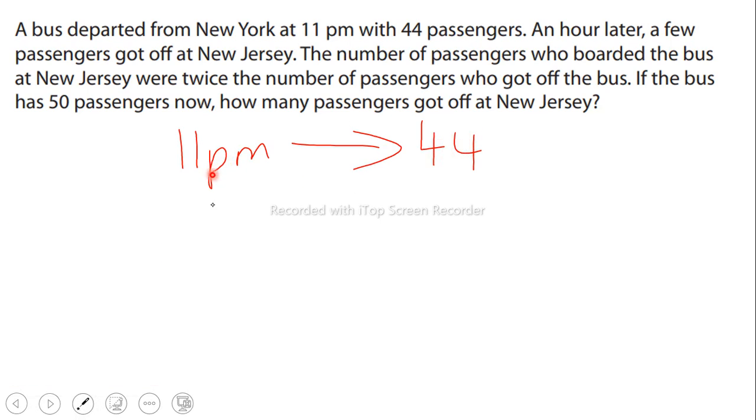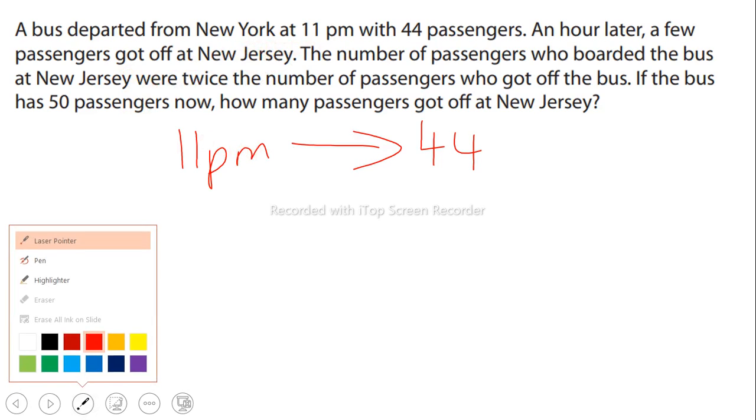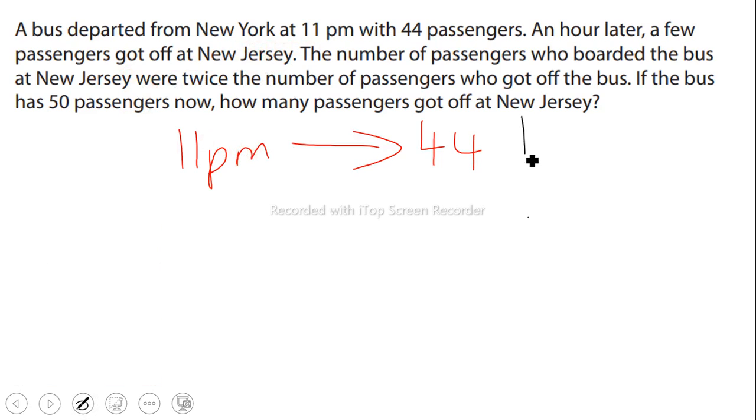And then after an hour, a few passengers got off at New Jersey. So all of this is happening at New York. I'm just trying to sketch it out, right? To see what's happening. So 12 o'clock.